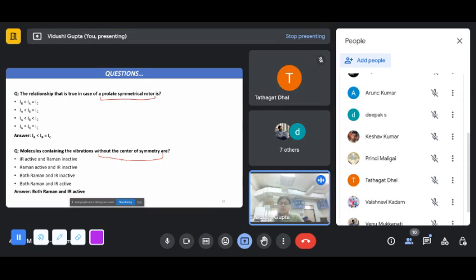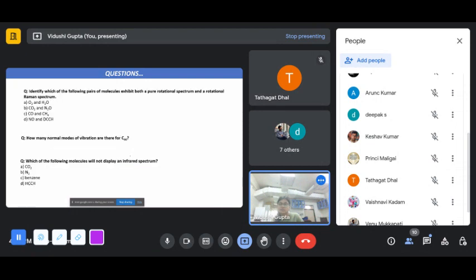Both will be IR active and Raman active. Then only there will be a dipole moment. So it will be active.